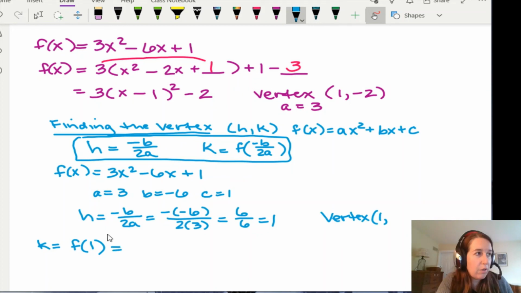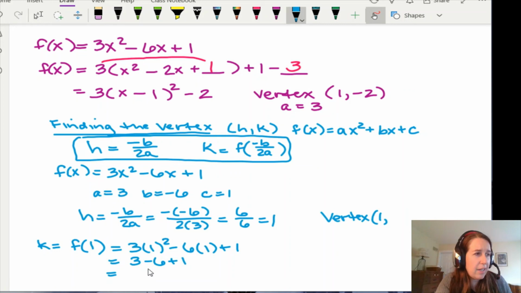So in our equation, that's 3 times 1 squared minus 6 times 1 plus 1. Okay, I'm plugging in 1 for the x squared and the x value. Okay, so I'm getting 3 minus 6 plus 1, and that is, let's see, -3 plus 1, so -2.